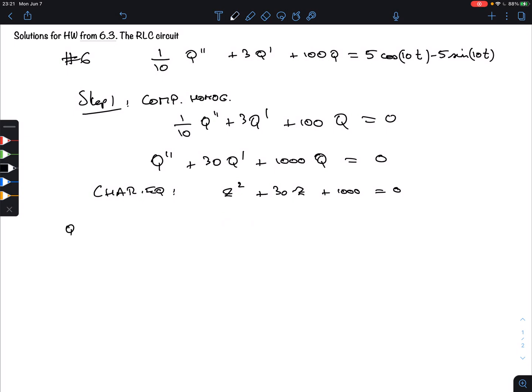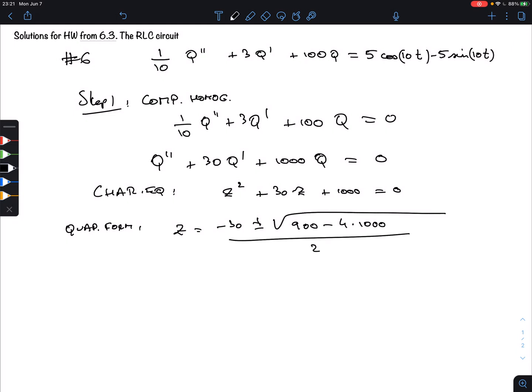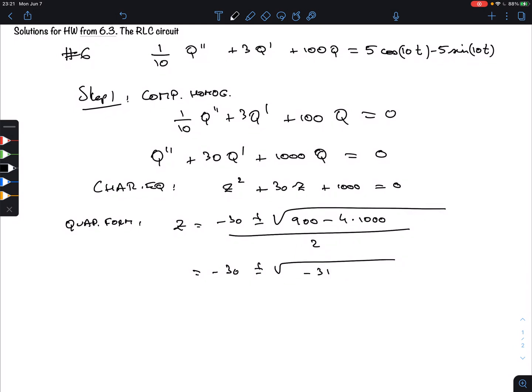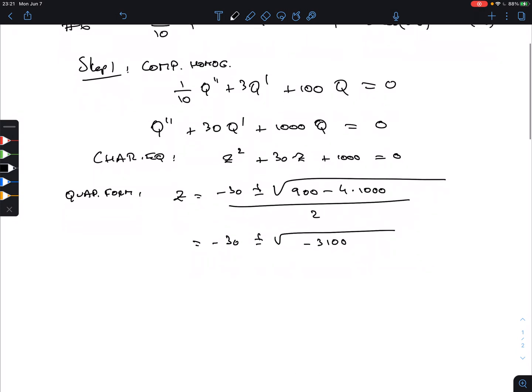So z would be minus 30 plus minus the square root of 30 squared, which is 900, minus 4 times 1000, divided by 2. So that is 4000 minus 900. So that is minus 30 plus minus the square root of minus 3100, right? That's not a nice number, but okay, we know that it cannot always be that lucky.